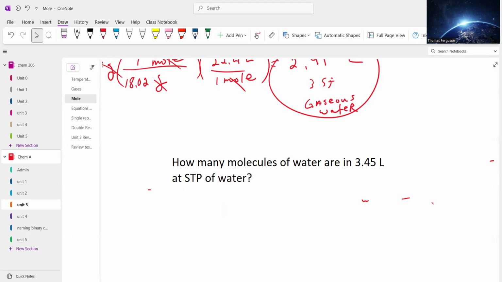Whenever you see how many, that's counting. I want you to think of Avogadro's number. How many? 6.02 times 10 to the 23rd. Okay. So we're starting with gaseous water at STP.